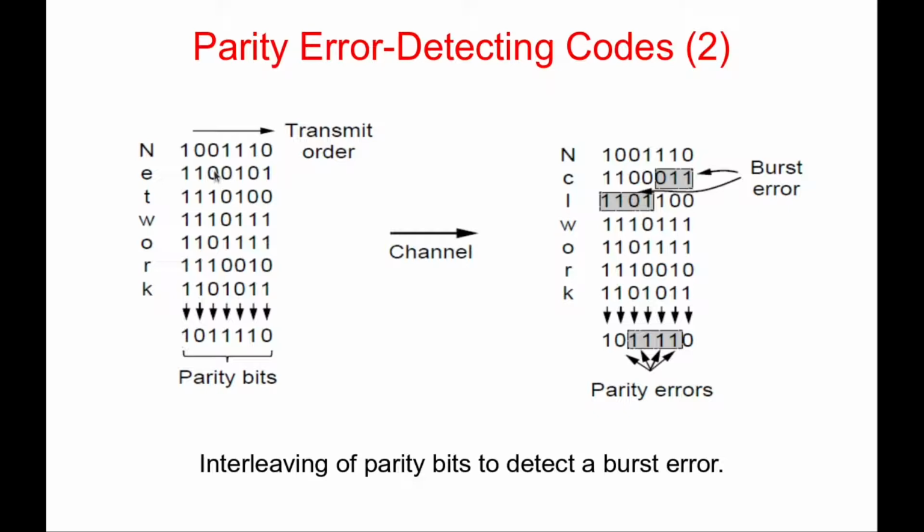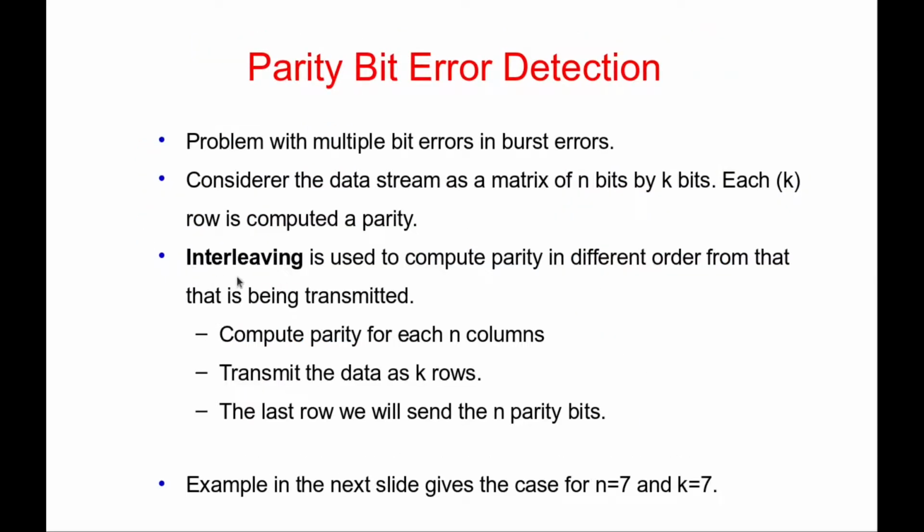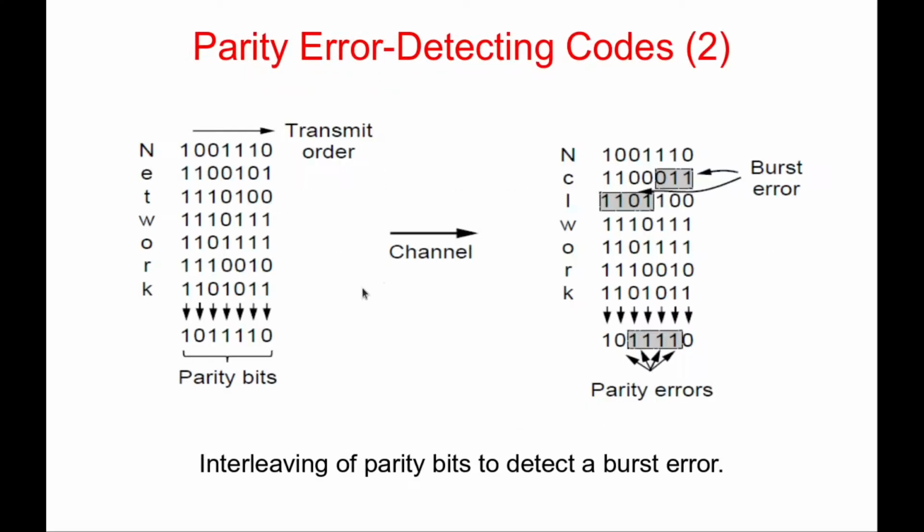What you have previously seen, for each individual block we would be sending a parity bit. We will not do that. What we would do is a change that is called interleaving. For this matrix of n bits by k bits, the interleaving parity is computed in this way.